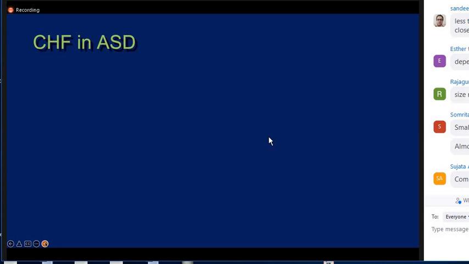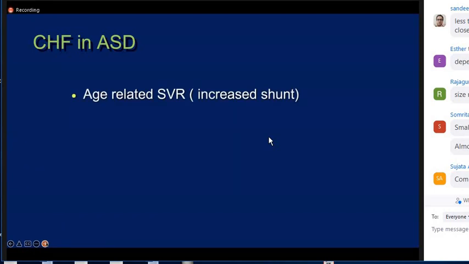So what is your understanding of heart failure in atrial septal defect? Anybody? Do you see heart failure in ASD? Number one, you may see it in advanced age where SVR increases and there is diastolic dysfunction of the left ventricle, leading to a disproportionate left to right shunt across the intraatrial communication.